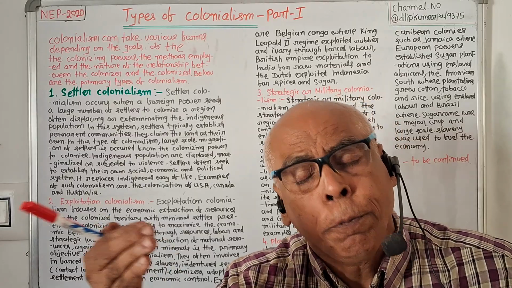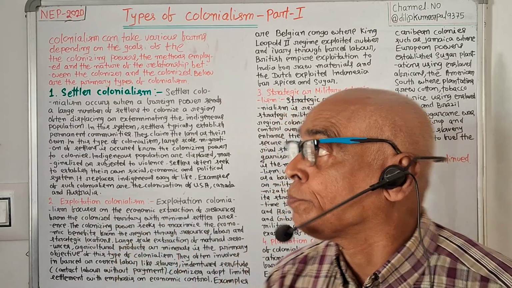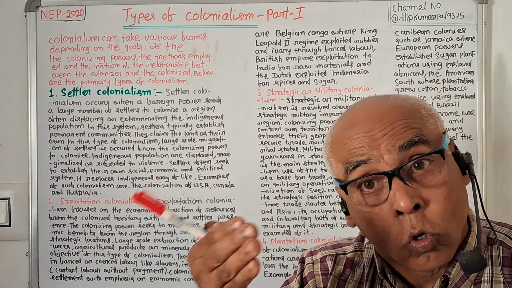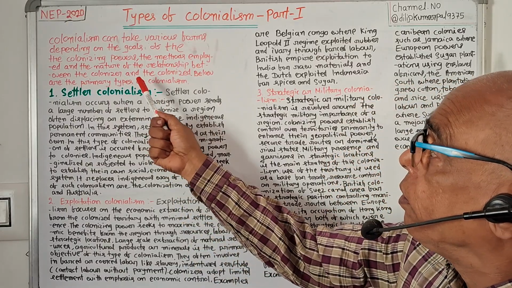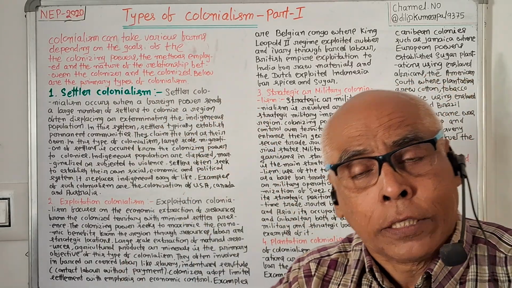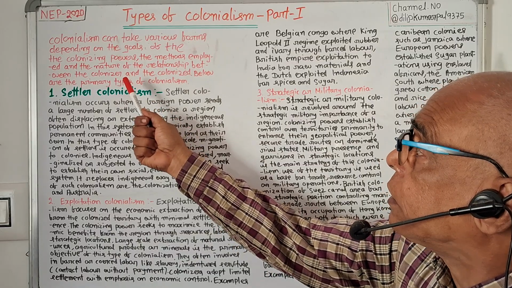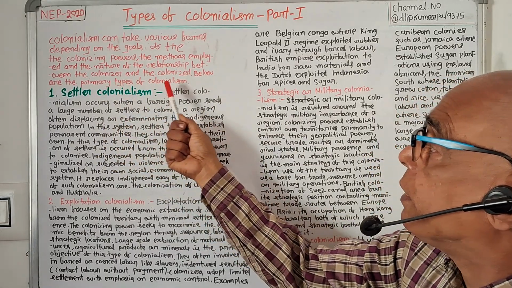Colonialism is of different types, and the types depend on the goals of the colonizing power, the methods employed by the colonizing power, and the relationship between the colonizer and the colonized.